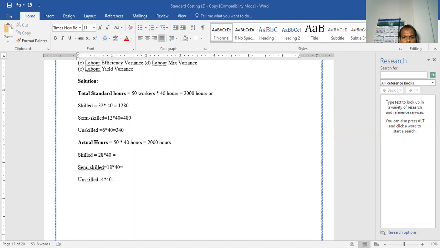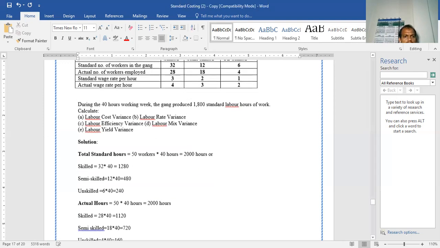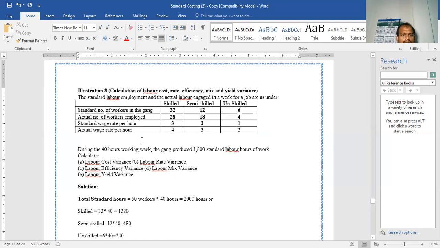This comes to 1120, 720, 160. Here, another point is the gang produced 1800 standard labor hours of work only, not the 2000 hours.